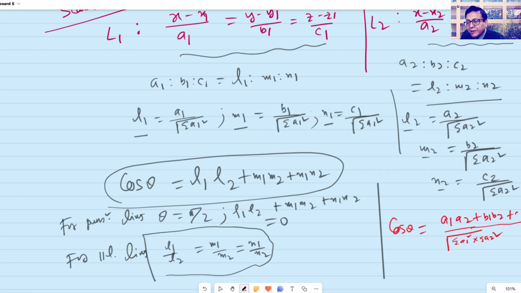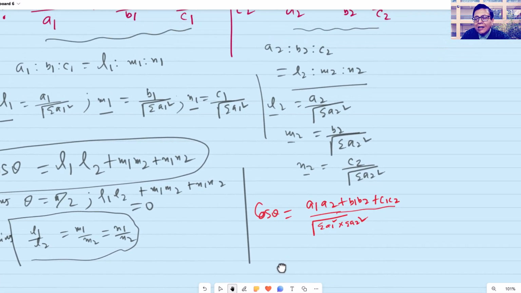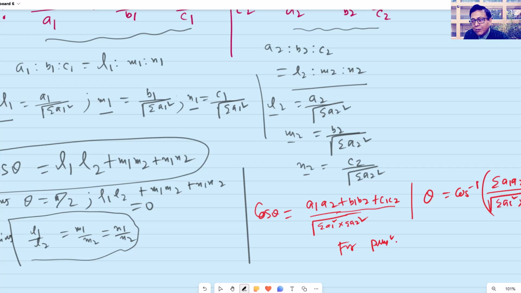So in case of direction ratios, theta you can get by this formula, cos inverse of sigma a1 a2 by under root sigma a1 square, sigma a2 square.